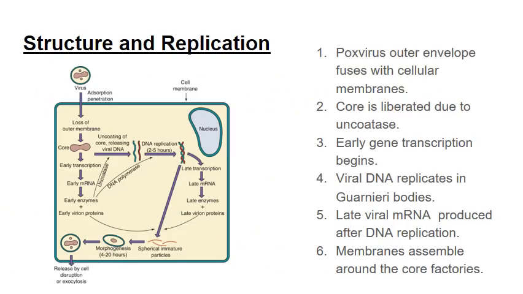All right, so we'll talk through the structure and replication of this. The replication of pox viruses is unique among all the DNA-containing viruses in that the entire multiplication cycle takes place in the cytoplasm, which is very, very strange for a DNA virus. Therefore, the pox viruses have to encode everything they need.